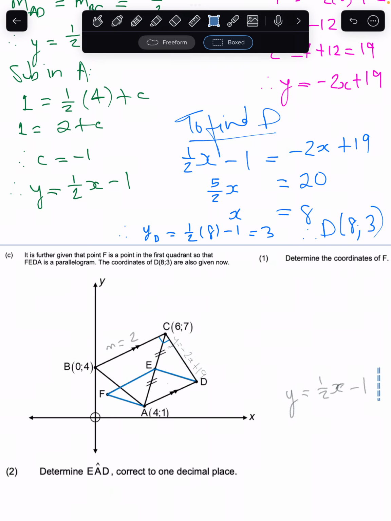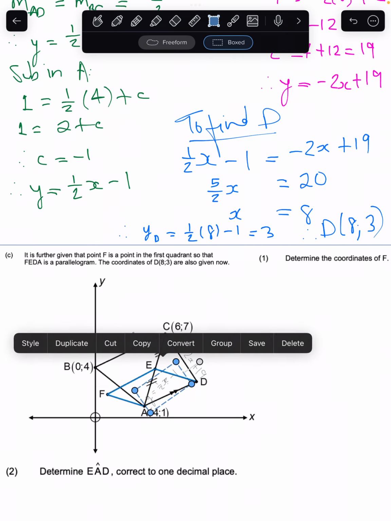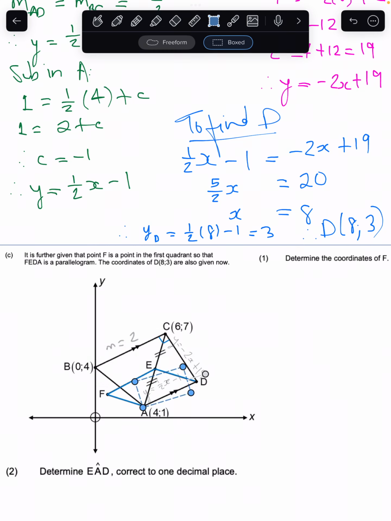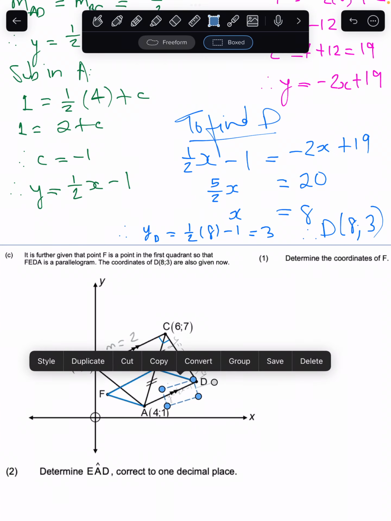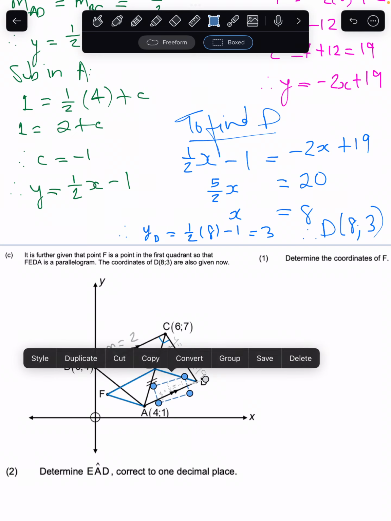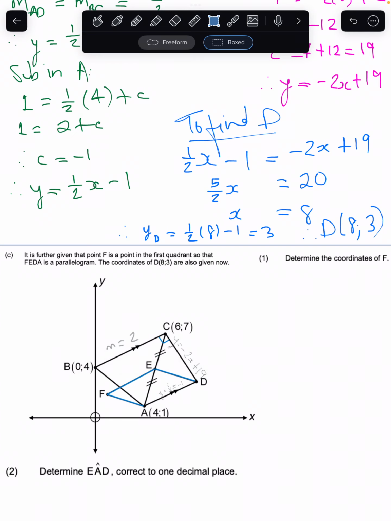That's our first one there, and then this one. Make it slightly smaller. Okay, right, and then we also found out the coordinates of D are 8 and 3.